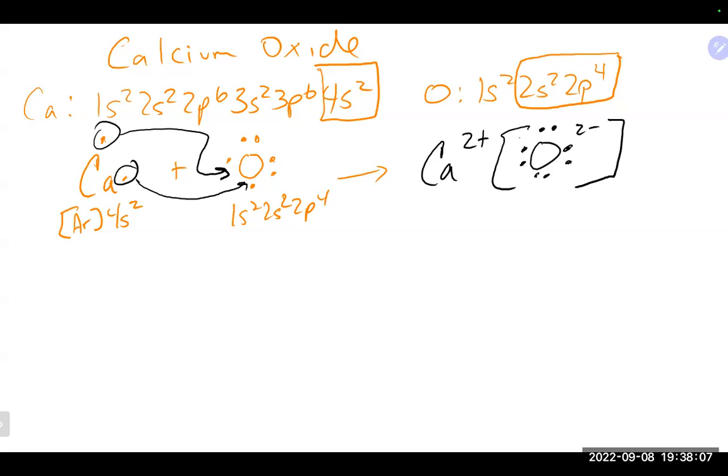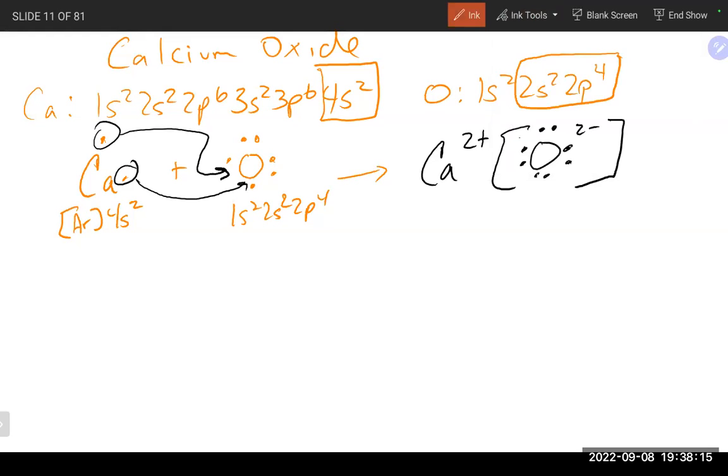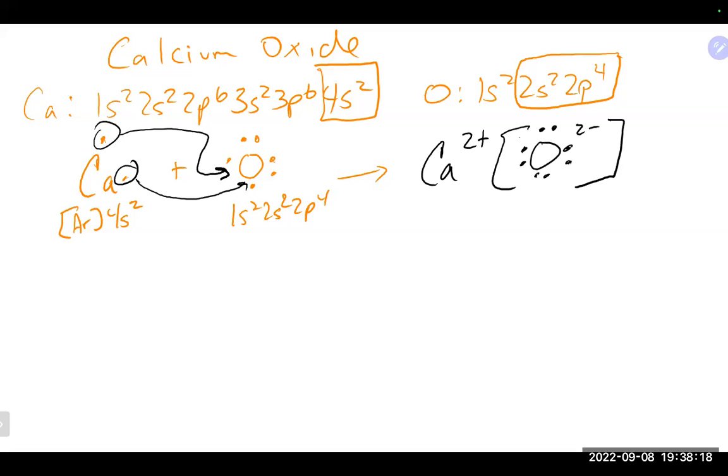Once again, you do need to include the charges. And there again is absolutely no sharing of electrons happening in this case. If we look at the effect on the electron configuration, our 2 electrons from calcium being lost are going to yield argon's electron configuration, leaving it with 18.